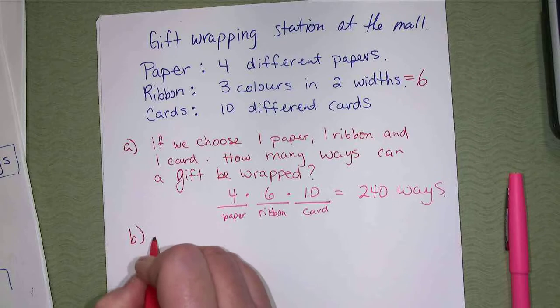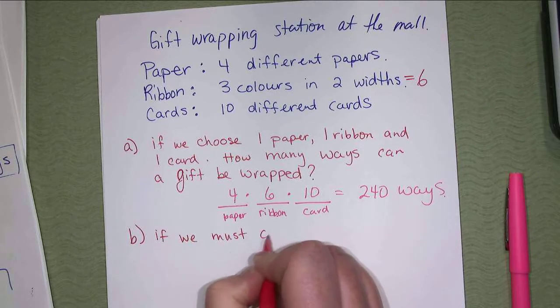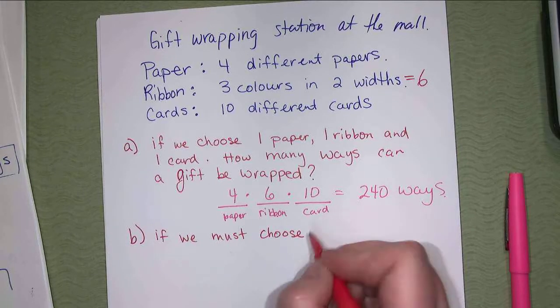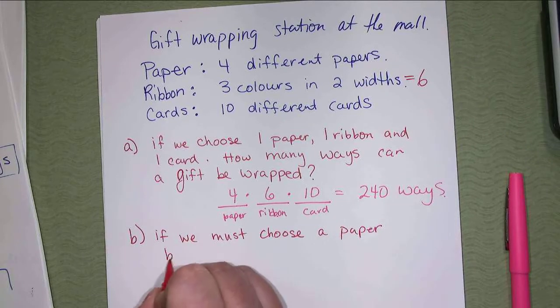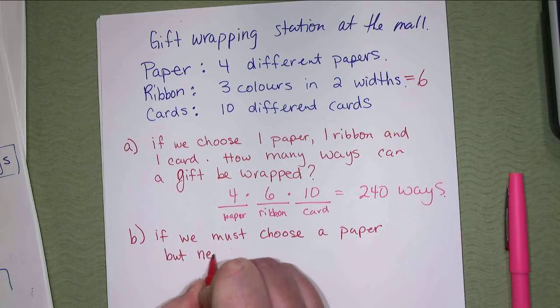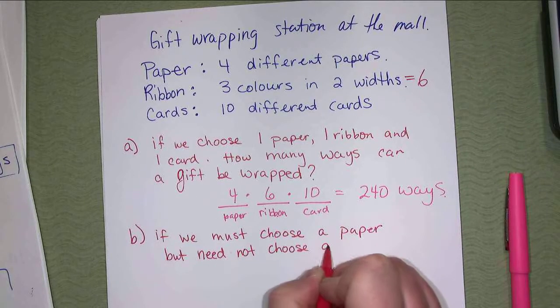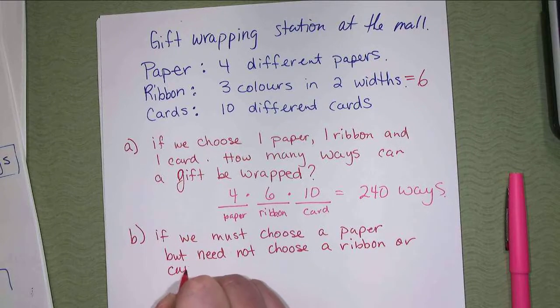If we must choose a paper, so they're saying you can't walk up and ask just for a card. We're not going to give it to you. Okay, so if you must choose a paper but need not choose a ribbon or card, how many ways?